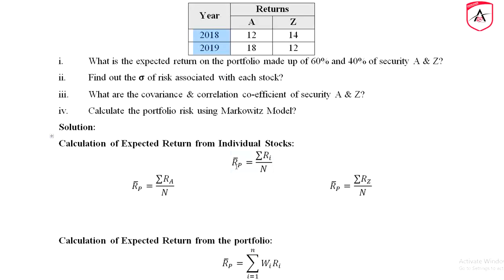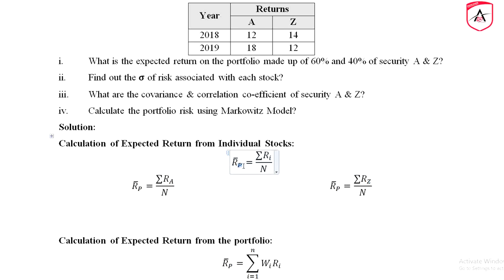See, whenever we are calculating the return on portfolio, this should always be P. So I am going to take 2 different data. Instead of I, I am going to use here A, because we are calculating the return of security A, and here we are calculating the return of security Z, so hence it is Z, right? So by having this information, we have to calculate the return on individual stocks.